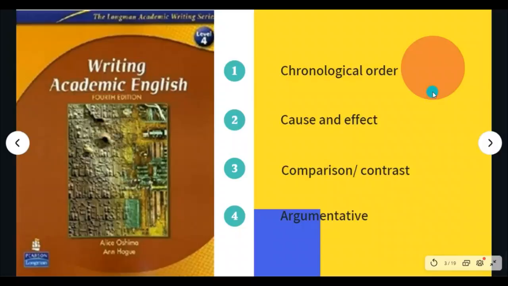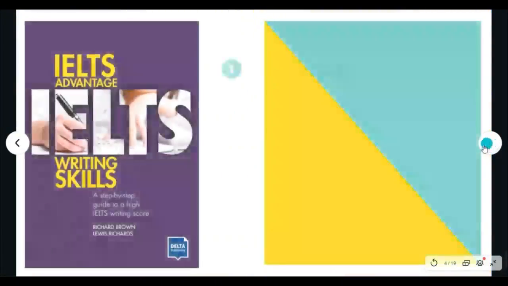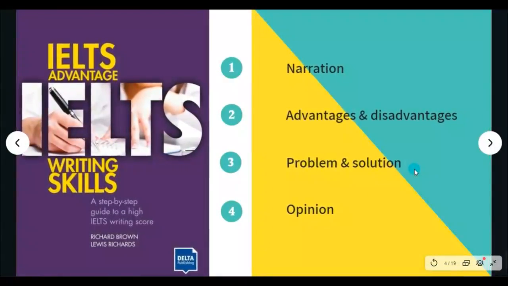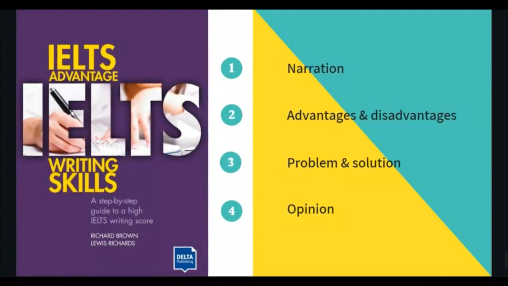In this book, the essay development is listed into 4 types: chronological order, cause and effect, comparison and contrast, and argumentative. And then the next, from this book, IELTS Advantage.